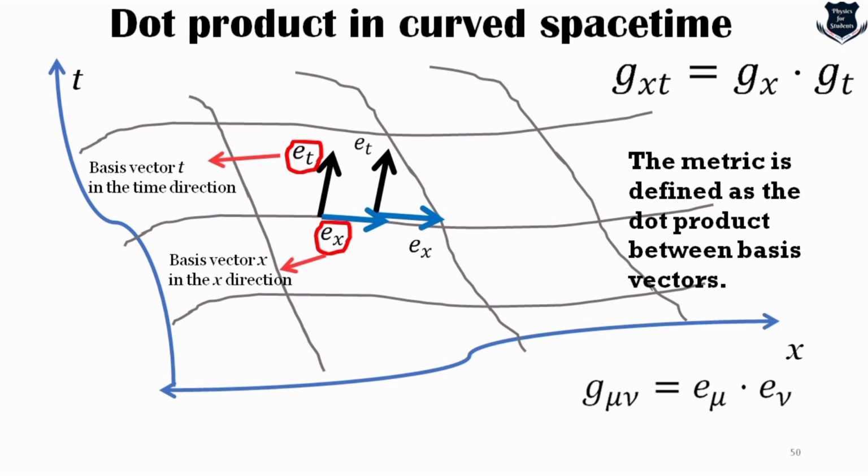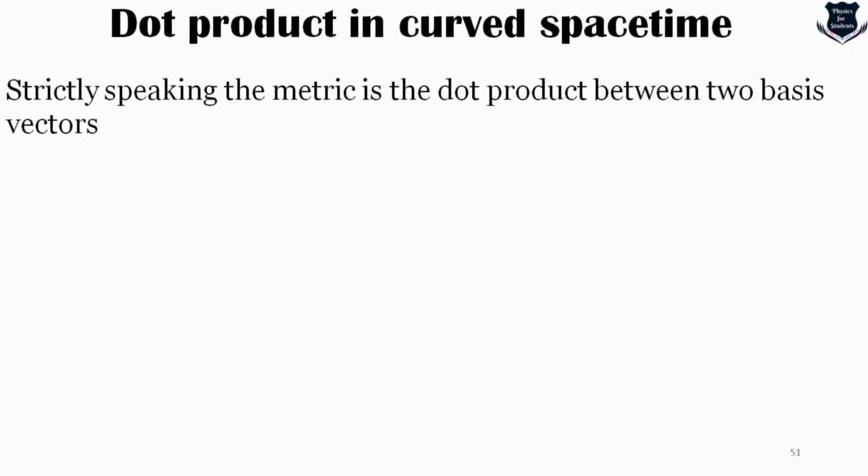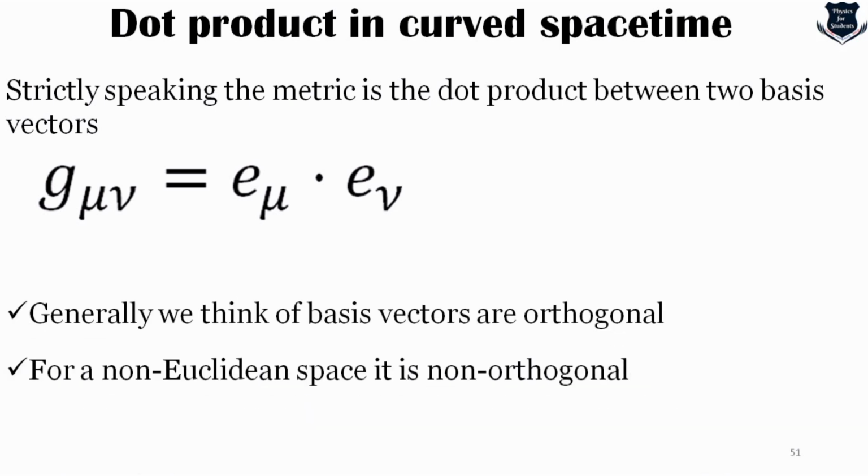So that we can understand what the next vector would be moving, what would be the curvature, and all those details. This gives you an idea of using the dot product in the metric tensor and why we use it. So strictly speaking, the metric is the dot product between two basis vectors. This is what it does.